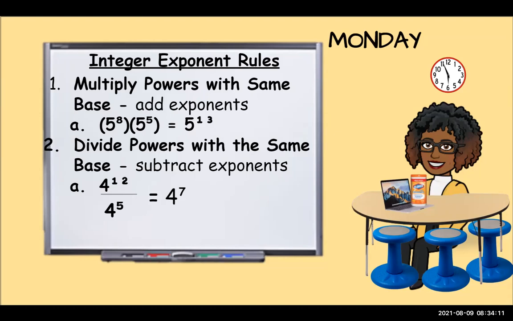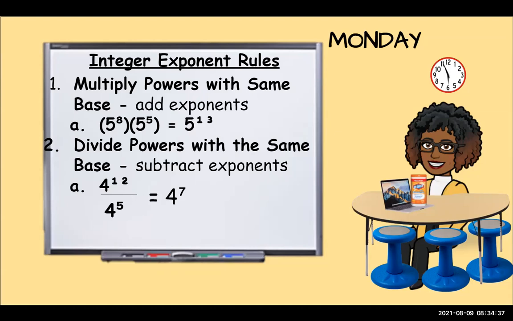Then looking at the other one, divide powers with the same base. So anytime we are dividing with the same base, we're going to subtract the exponents. So they're opposite. Most of the time with division, they will not use the division symbol. They'll typically always use the fraction. So if you're not used to the fraction as division, please get used to it. So in this problem, 4 to the 12 divided by 4 to the 5th, clearly 12 minus 5 will give us 7.